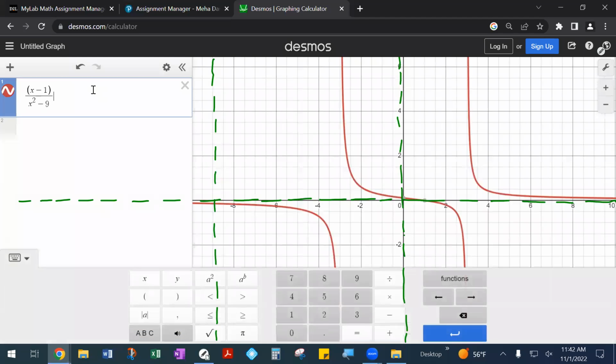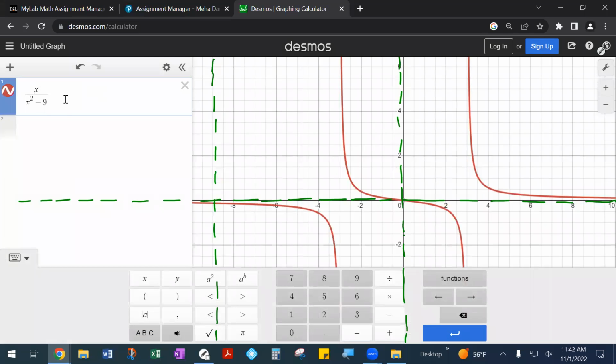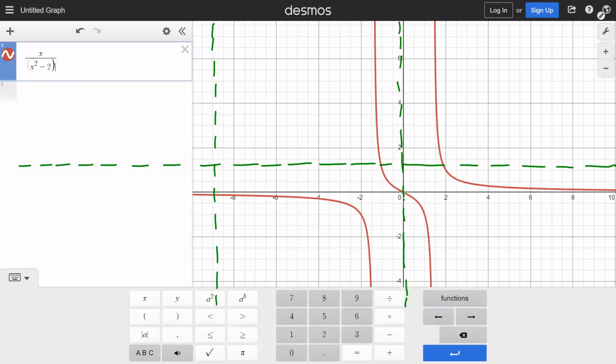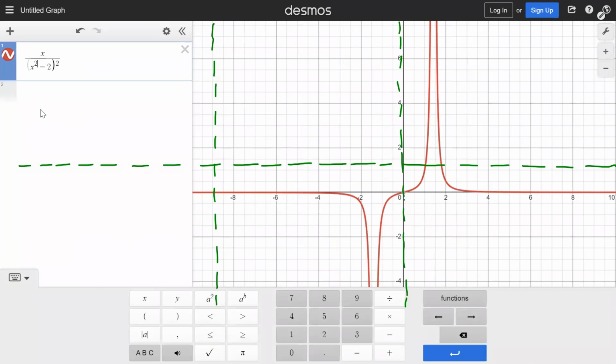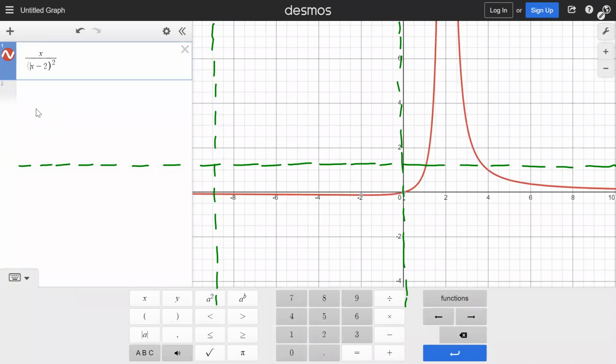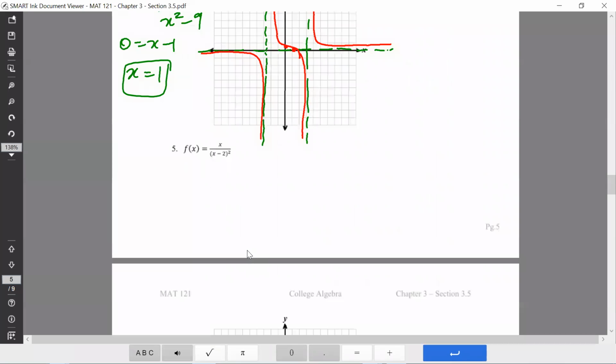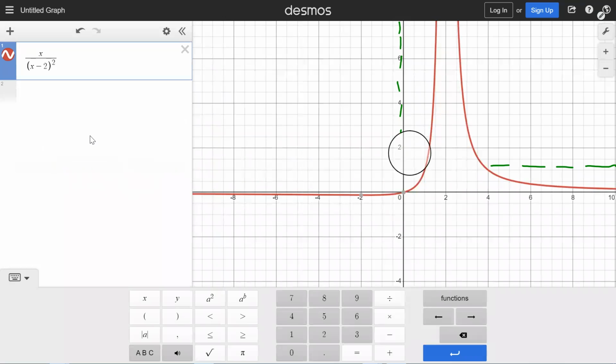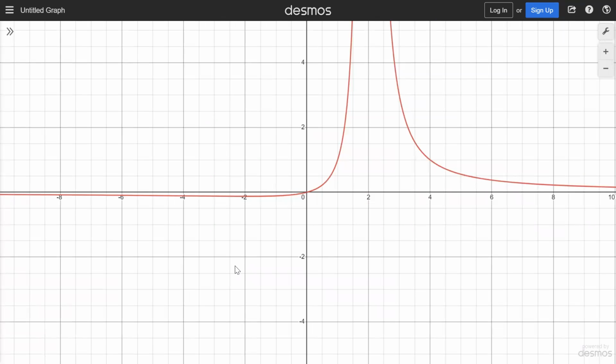Just to show you what this graph would look like, we have x on the numerator. Okay, so with this function.